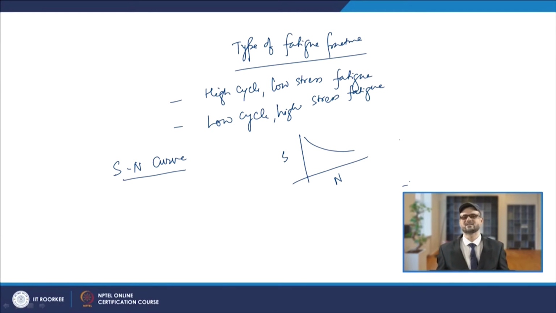That means when the stress level to which the material is subjected is very small, below a certain limit, it goes towards infinity. So it will go for a very large number of cycles, and that way you quantify or interpret the fatigue life of the component. That way we have discussed the fatigue strength of the material.